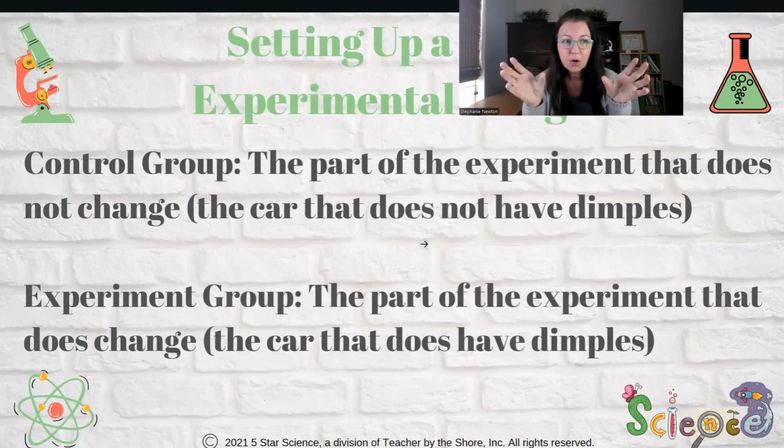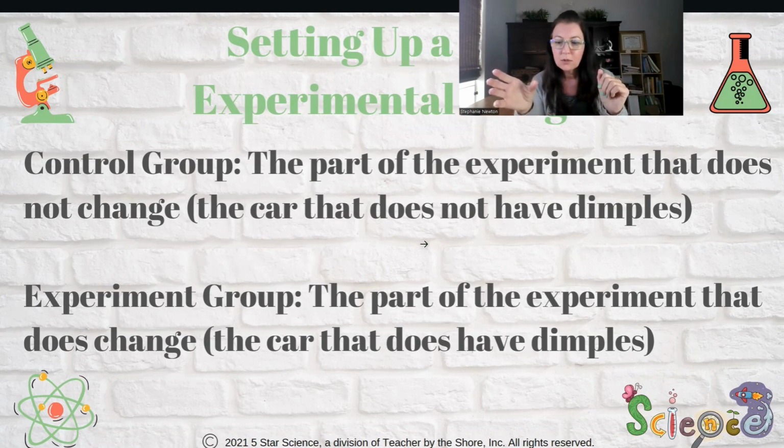So they put gas in the car, had it go a certain period of time or a certain distance, and then they saw how much gas was left. So they wanted to see if the dimpled car got better gas mileage or the regular car. And I actually don't know the answer to that. We don't need to know the answer to understand what I'm about to tell you. If you want, you can go to YouTube, type in Mythbusters, dimpled car versus regular car, or something like that, and you'll probably see it.